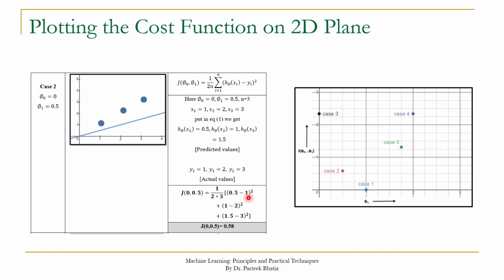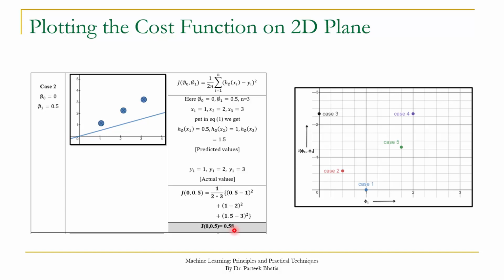Predicted value 0.5, actual value is 1 for the first instance. For the second instance, predicted value is 1 while actual value is 2. And for the third instance, the predicted value is 1.5 and actual value is 3. If we perform all the calculations over this, we will obtain the value of cost function as 0.58.